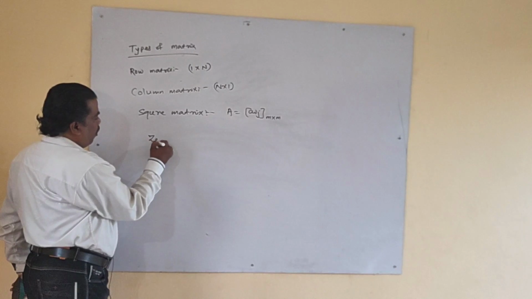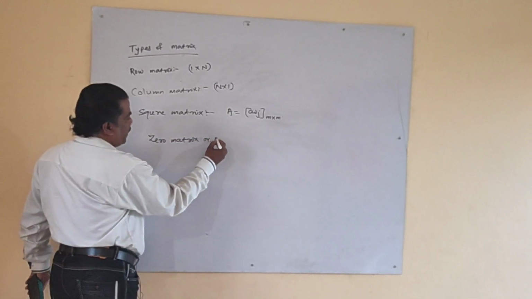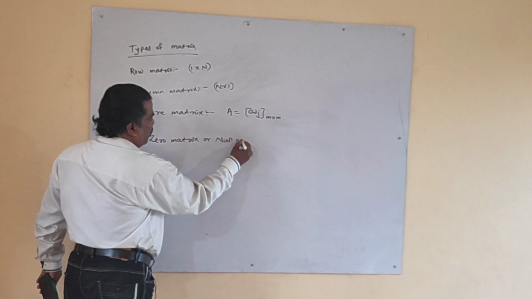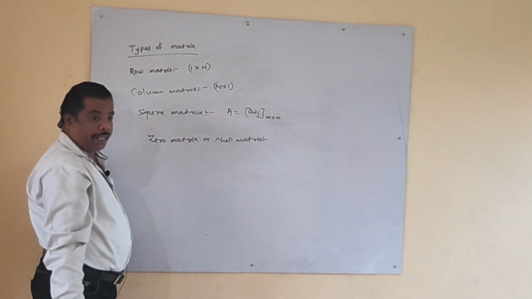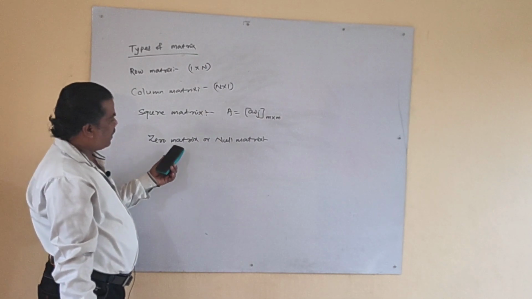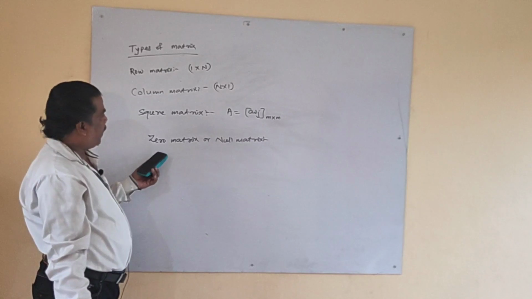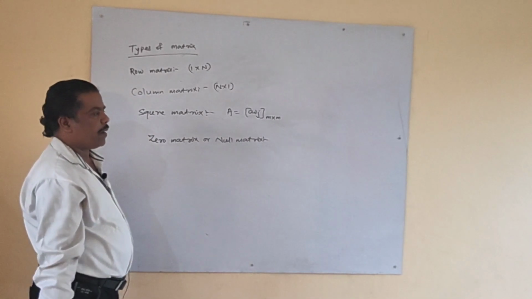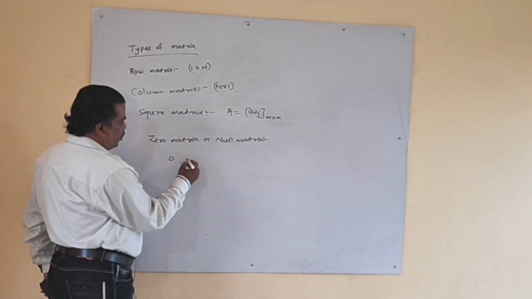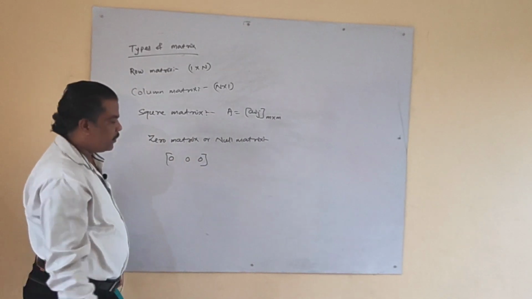Zero matrix or null matrix. A matrix is called a zero matrix if all the elements of the matrix are zero. It may be a row matrix, or a column matrix, or a square matrix. Here it is a row matrix, but the elements are zero, so it is called a zero matrix.